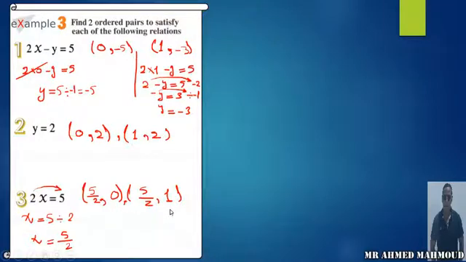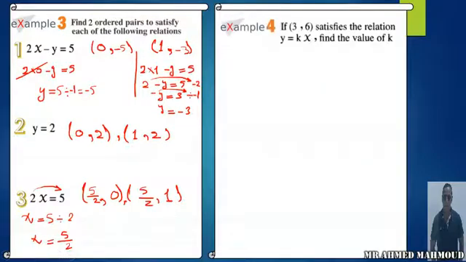Let's solve the next one. Example 4. If (3, 6) satisfies the relation y equals kx, then k equals what? Here in the ordered pair, I have x equals 3 and y equals 6. I will make a replacement. In place of y, I will write 6, and in place of x, I will write 3. 6 equals k times 3.